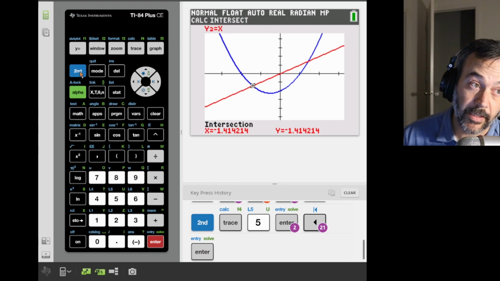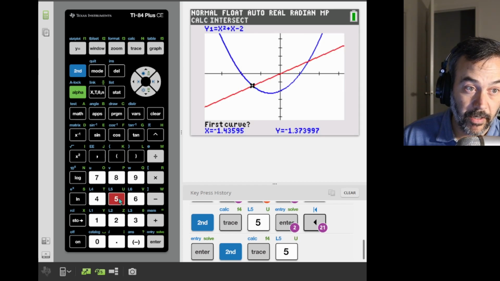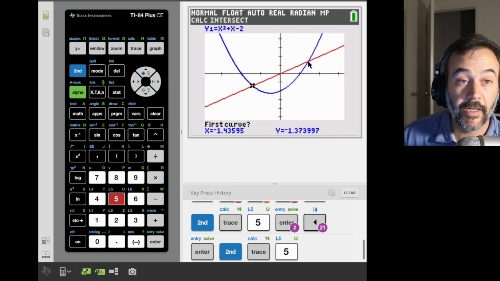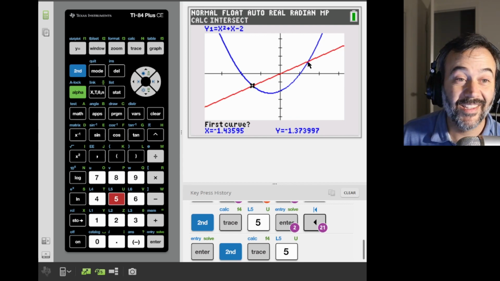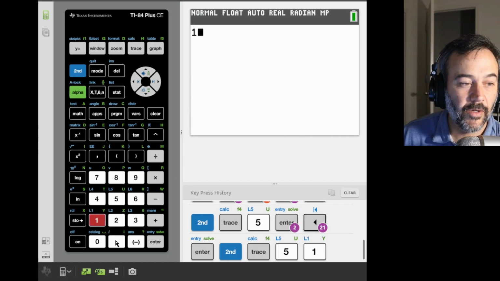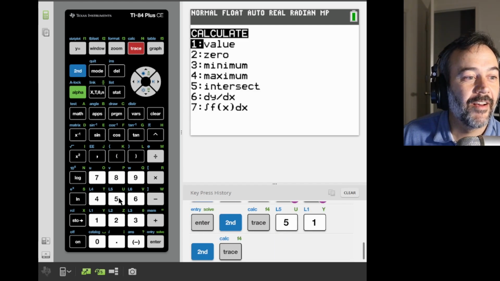So you do the whole process again. Second calc, intersect is 5. Now, instead of using the arrow buttons, I'm going to show you that you can actually just type in an X value that's close, and it'll find the intersection as long as it's close. So this is about 1.4, maybe 1.5, maybe 1.4. So I'll hit 1, second calc, 5.